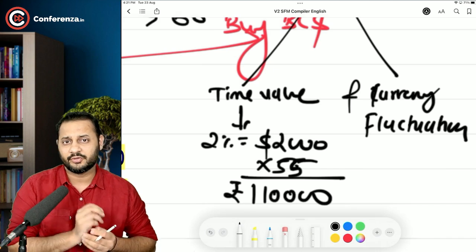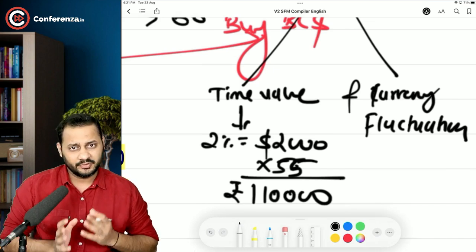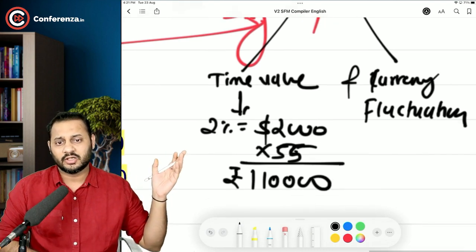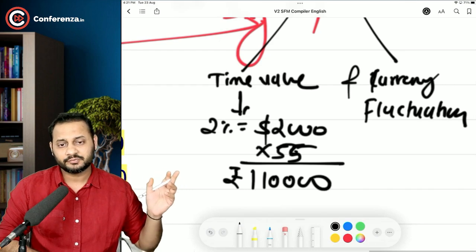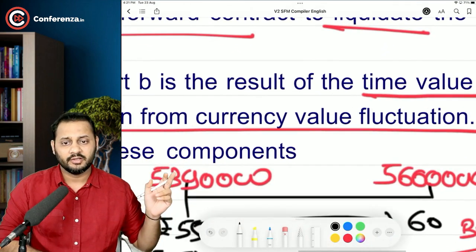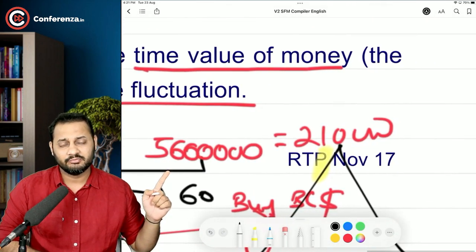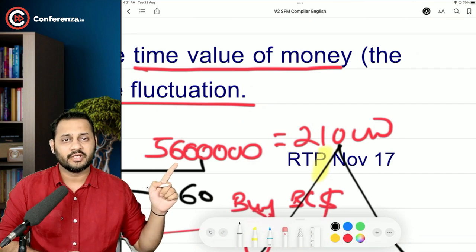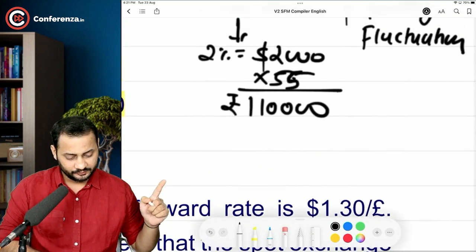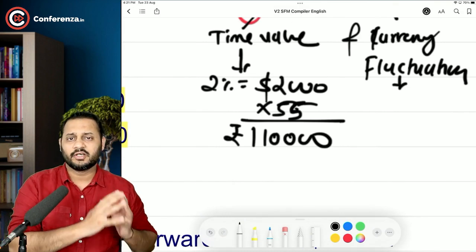So 55 is going to be constant. And because we are making the payment today, we have to pay $2,000 less. So 1,10,000 rupees less we have to pay today because of that. Or we can say we are paying the same 2,000 into 55 rupees more because we are paying after 90 days. Now, what is the difference just because of currency fluctuation?